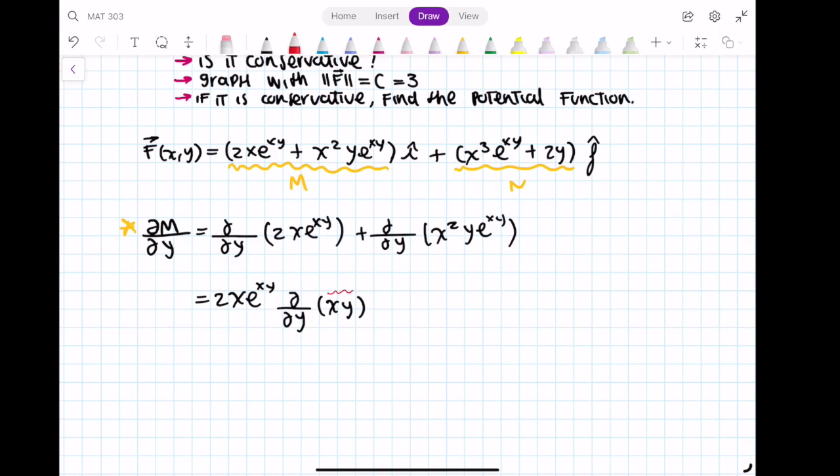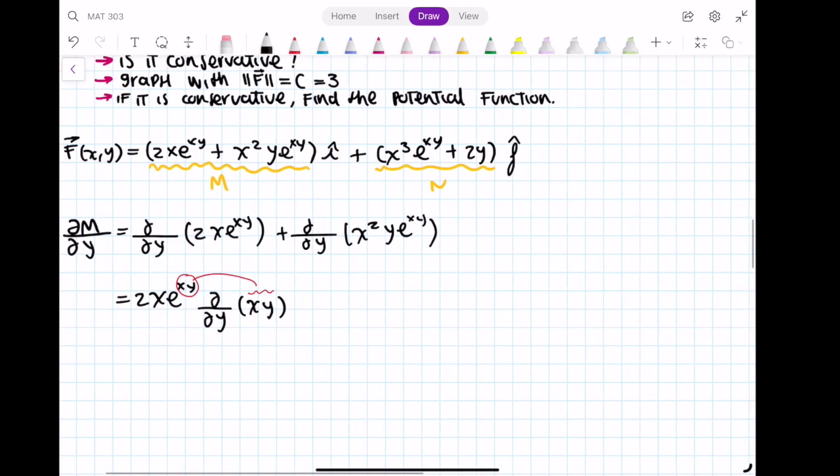Now we can keep going. So plus, we know that x squared can go on the side and we take the partial of y.